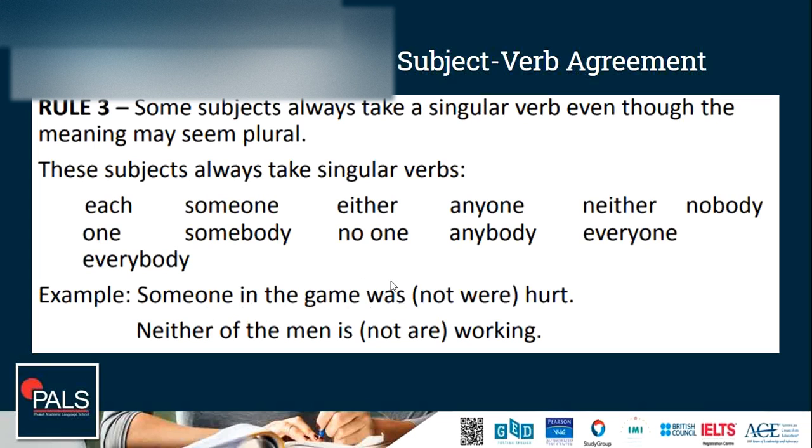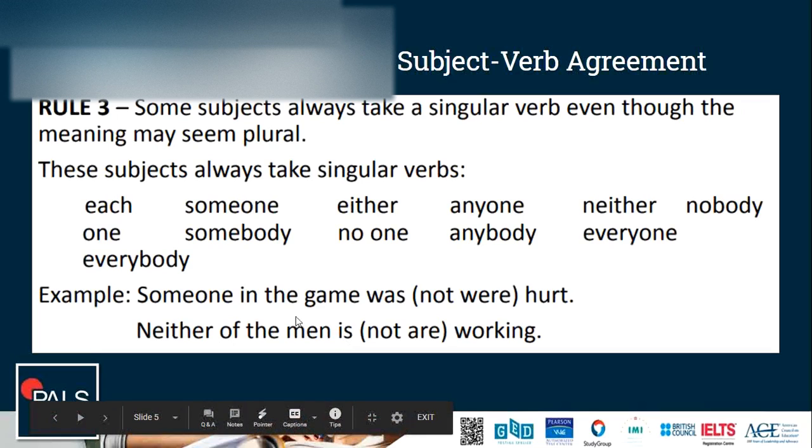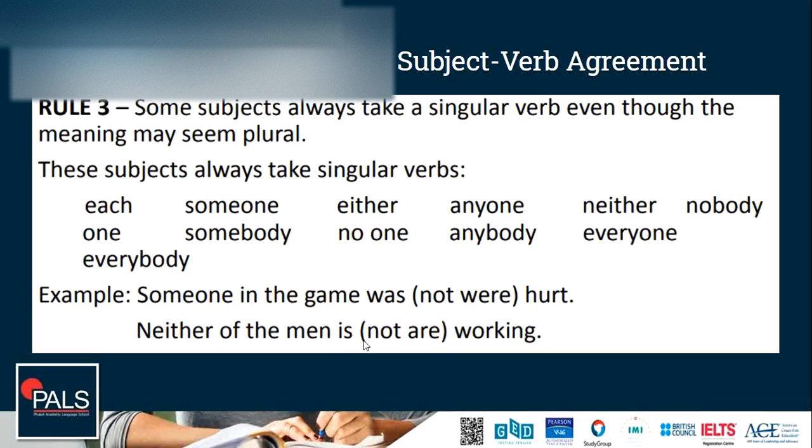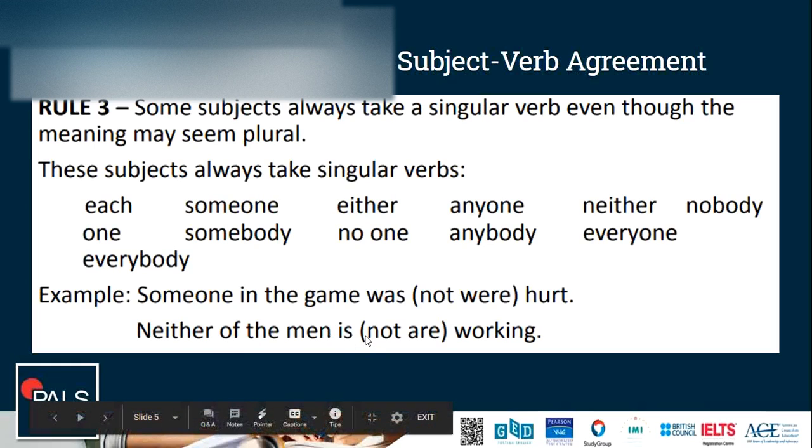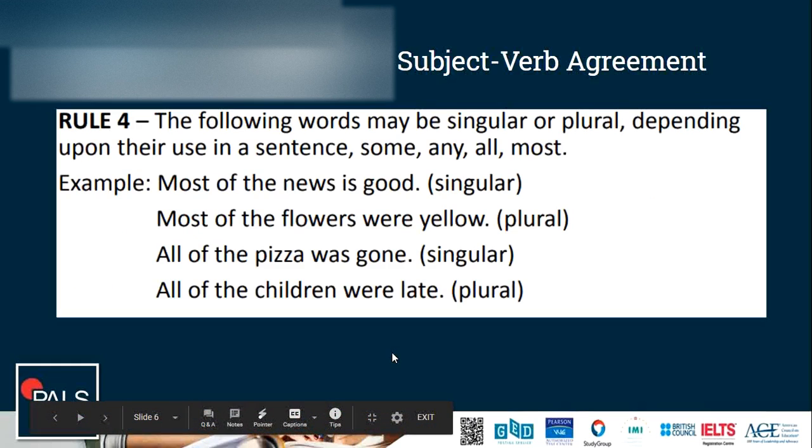"Someone in the game was hurt," not "were." "Neither of the men is working," not "are." Because when you see "neither," you must use a singular verb, may it be a linking verb or action verb.